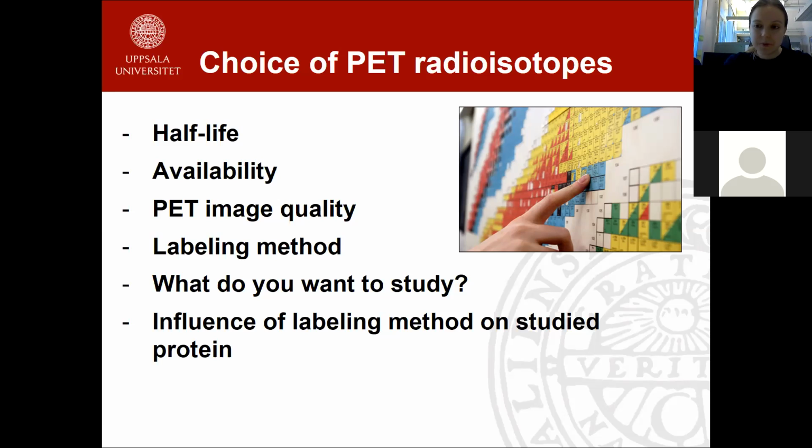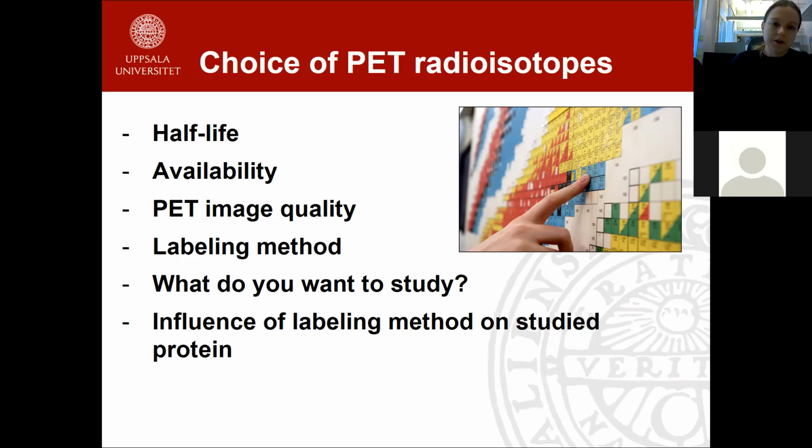So a generator is a small portable device or instrument that you can transport. So every hospital can buy this generator, install it, and just elute technetium for around a week. So that ensures that they will always have the radionuclide at the site. But for PET, currently there are only generators for gallium. So that limits the choice of radionuclides that we can use.